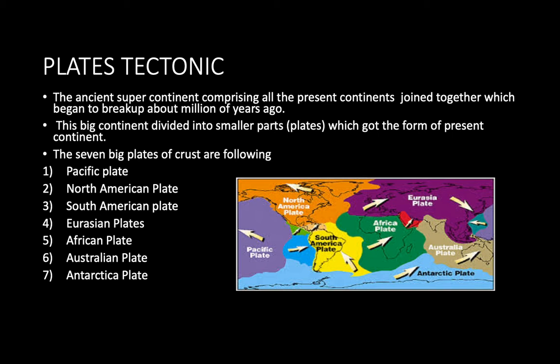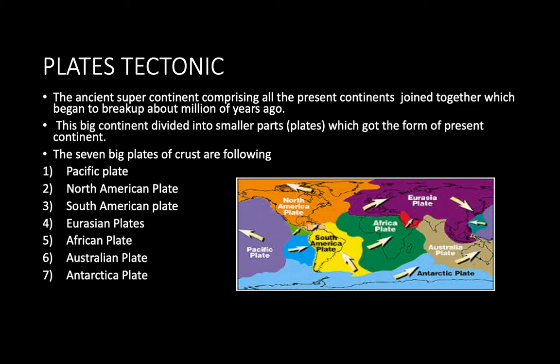The ancient supercontinent comprising all the present continents joined together began to break up about millions of years ago. The big continent divided into smaller parts, which got the form of present continents.